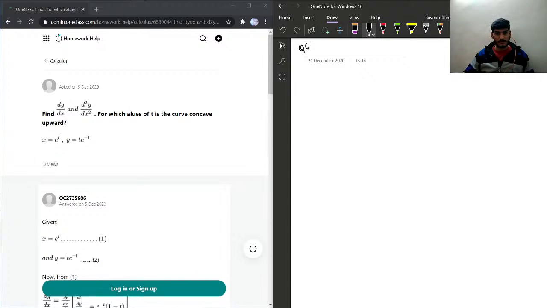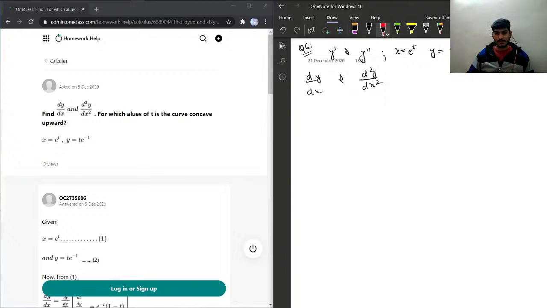We need to find first derivative and second derivative of, so my x will be e power t, my y will be t times e power minus 1, and we need to find dy by dx and d square y by dx square.